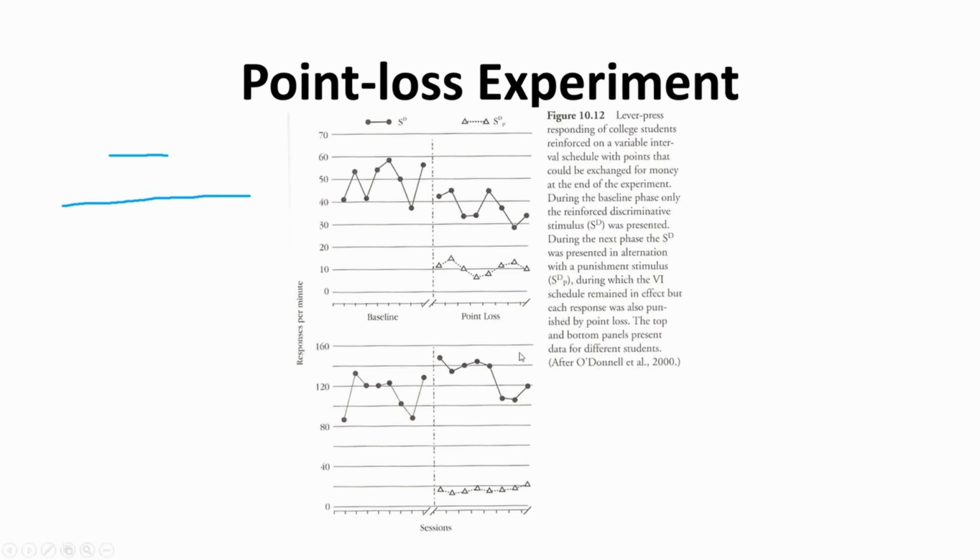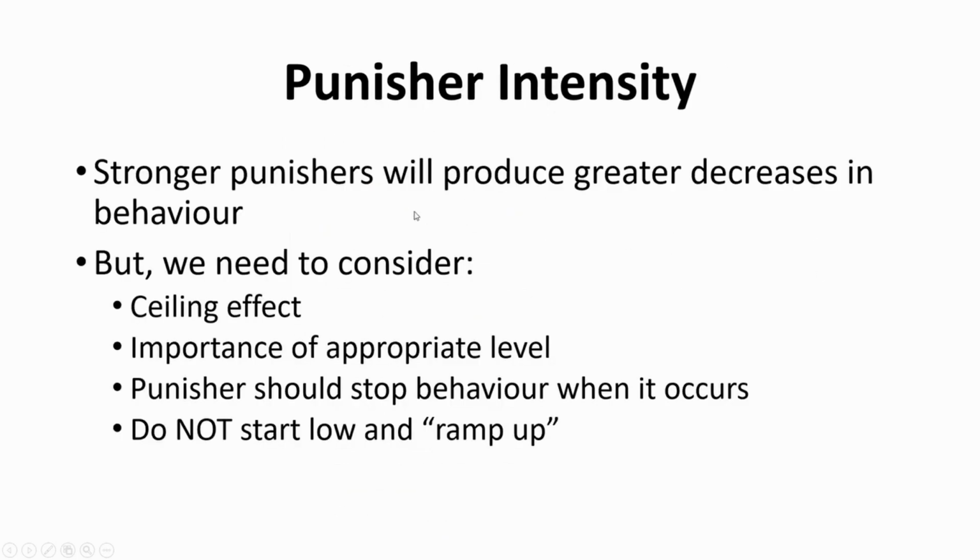And there are two graphs here just because they're showing individual data. So this is showing that two different individuals both show higher responding to our discriminative stimulus and lower responding to our punishment stimulus. So as I said, a setup similar to this is fairly common if we're trying to study punishment in humans.